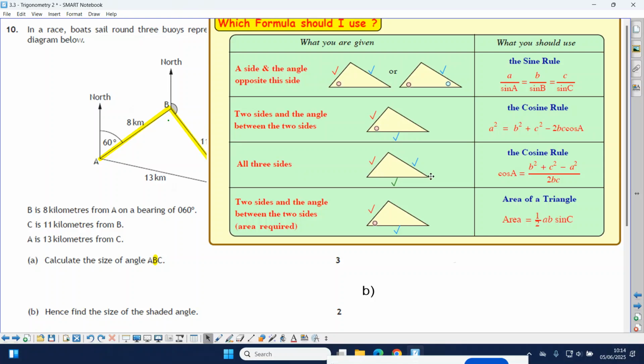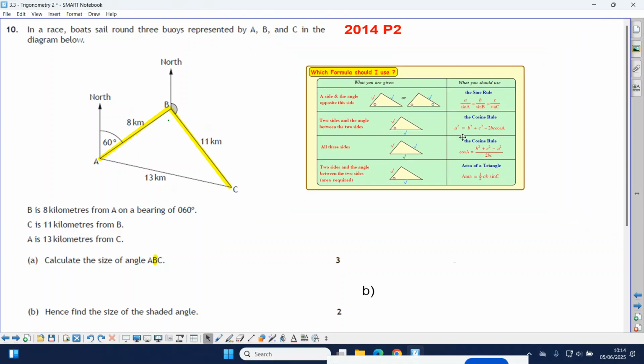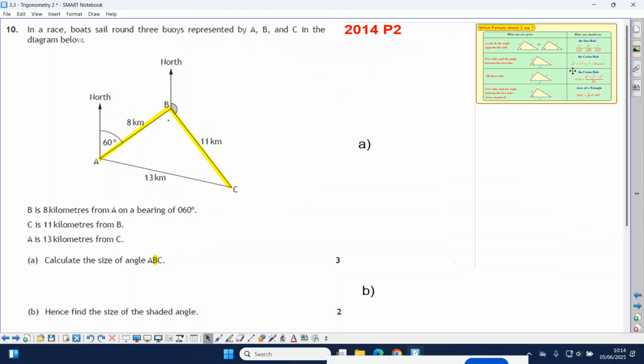You can work out this one, or this one. So that points us in the direction of the cosine rule, just because we've got all 3 sides. You can see in the formula the small letters are the sides, and you can fill all of those in. So we know we're going to use the cosine rule to work out this angle here.